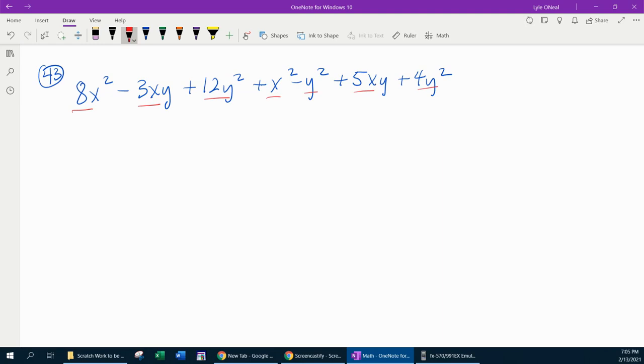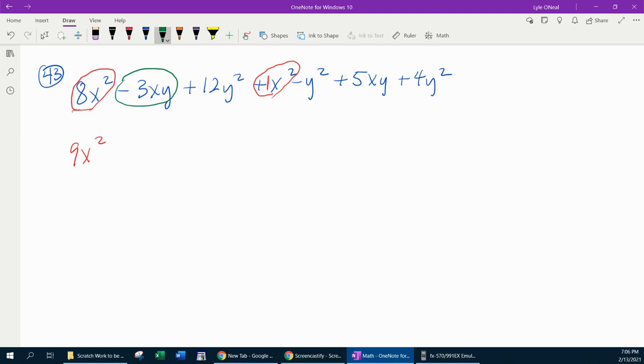So what we'll do is we'll start with the lead term here, the 8x squared, and we're looking for any other x squared. So there's one, and its coefficient is understood to be 1. So 8 plus 1 is 9x squared. So next, do you want to just move to the next term, the negative 3xy?